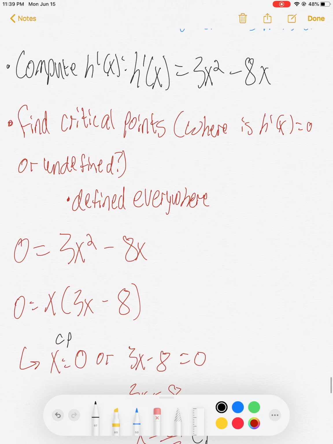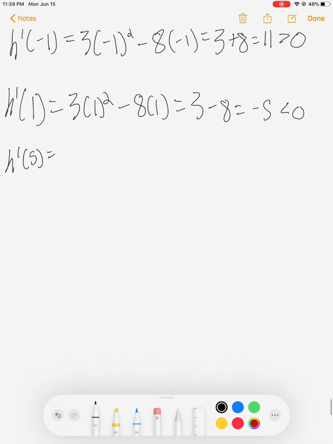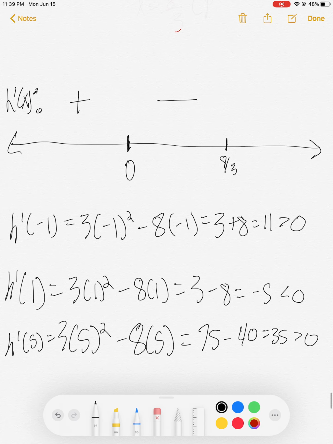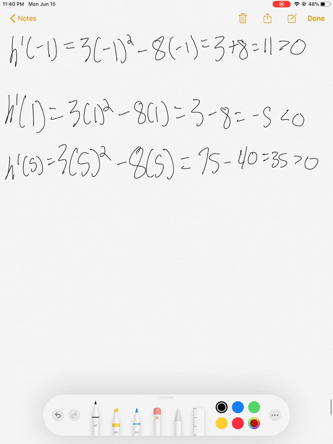And finally, I need to look at things bigger than 8/3. Well, I could compute that 8/3 is just under 3, but I'm feeling lazy. Or I could plug in 3 because 3 is really close, right? 8/3 is just barely under 3, but I'll plug in 5 because I know 5 is bigger than 8/3 if I was feeling lazy and didn't feel like computing 8/3 exactly.